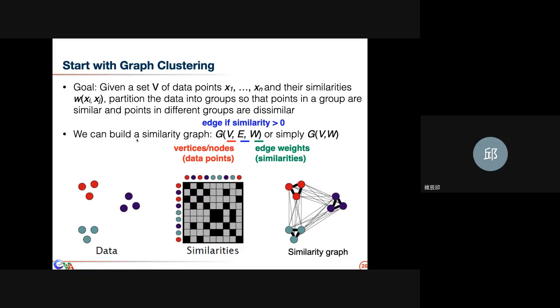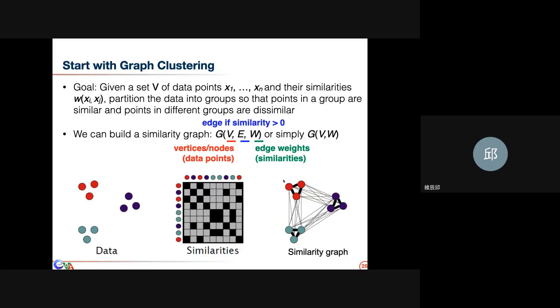Now we can build up a similarity graph by using these elements, right? You first treat your data points as vertices, or nodes. And then you can build the edges between the data points.